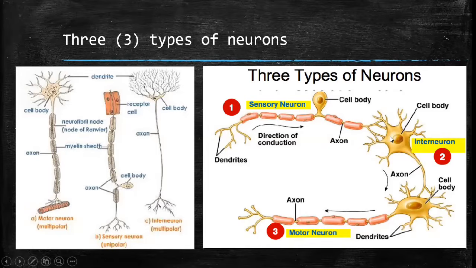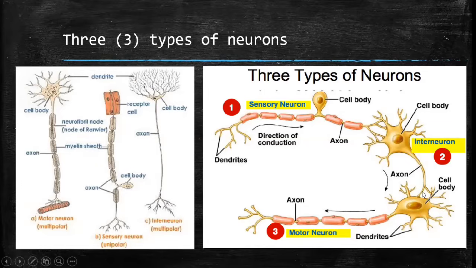Now, the information comes here. It goes to the brain for interpretation, and then it comes back, and then it goes to the motor neuron. Now, the synaptic knobs of the interneuron are attached to the dendrites of the motor neuron.